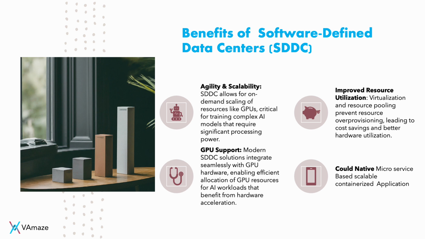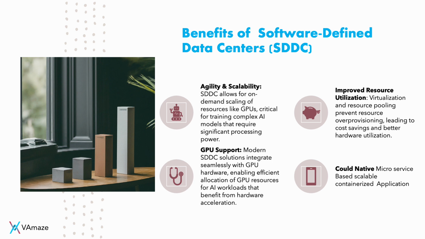One of the most significant benefits of the software-defined data center for AI workloads is its agility and scalability. Traditionally, data centers are often inflexible and struggle to adapt to changing resource needs. A software-defined data center, on the other hand, allows you to scale resources up or down on demand. This is essential for AI workloads, which can experience significant fluctuations in resource requirements during training and inference phases.